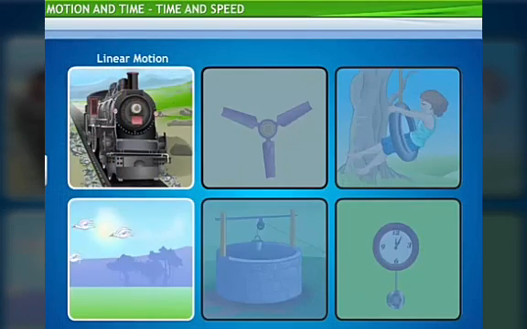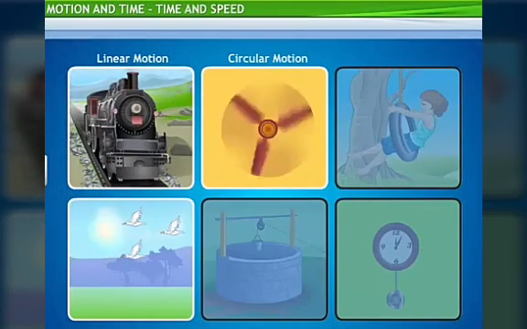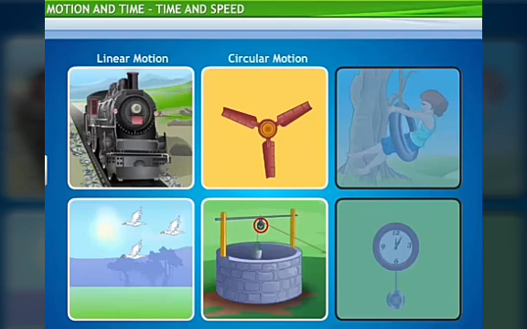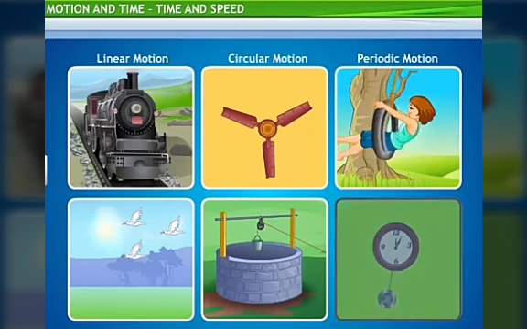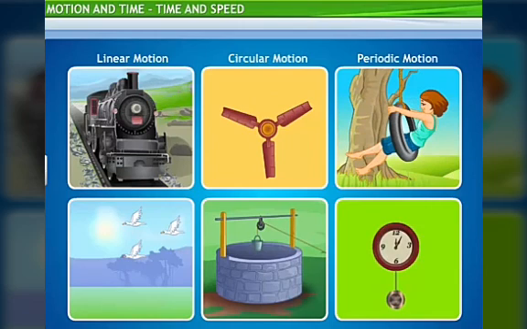Motion and its types, right? Now, let's go a step further in our exploration of motion.